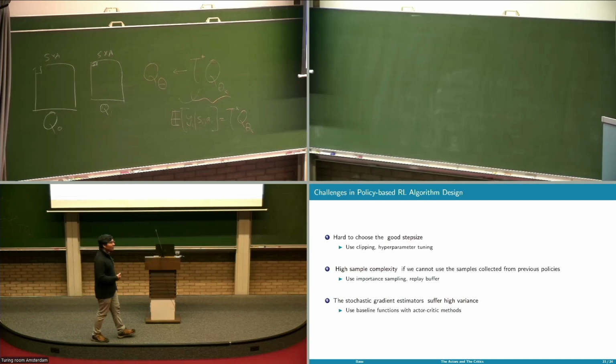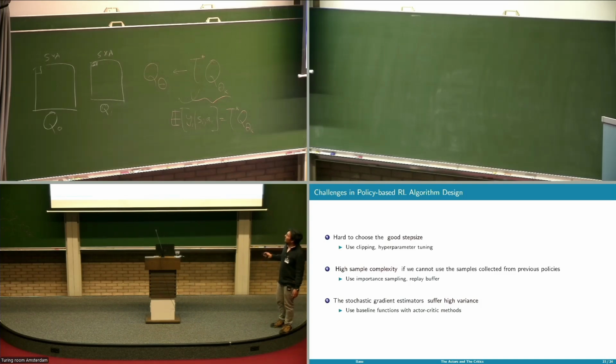Typically, you need a lot of samples to calculate this gradient estimate well, because originally you needed one infinite length sample. You don't have that. So you have to have something good enough that still gives you small residual error in gradient estimation. And that's why you try to use the previous samples collected from previous policies. You try to do importance sampling, replay buffer. We'll again hear about all of them in later talks.